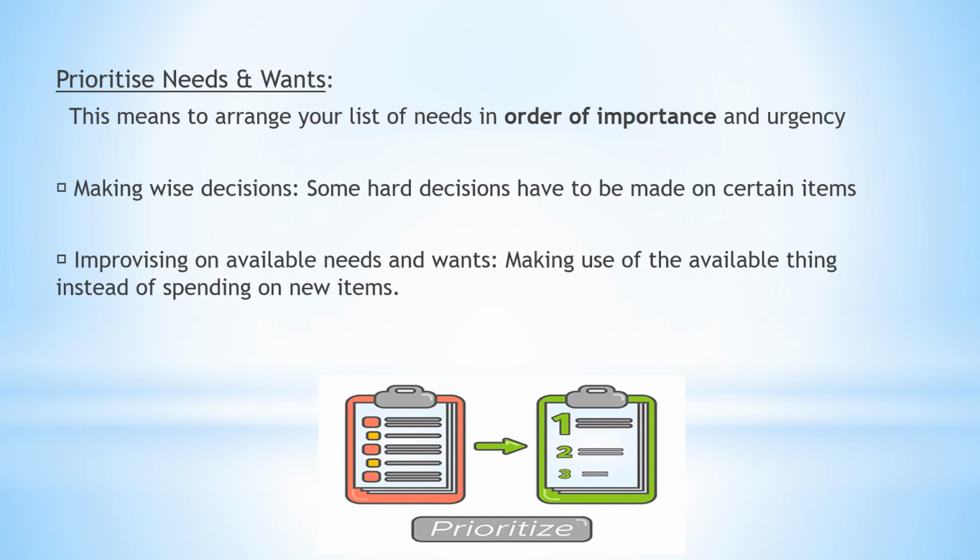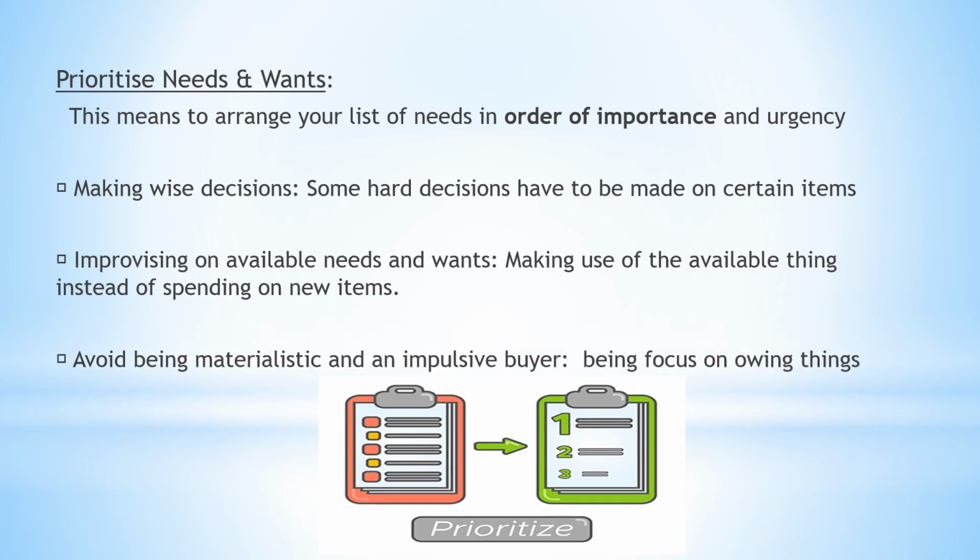Improvising means that we make use of the available things instead of spending on a new item. There are things that we have that we can reuse, or make something out of, instead of buying everything. So we can improvise on what is available.